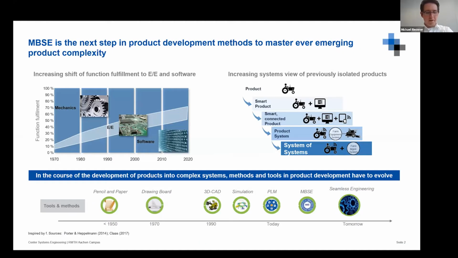As Daniel said, I'm Michael Riesener, and I have now been working for several years in innovation management, complexity management, systems engineering, and what we learned in the past years in cooperation with many different companies from different branches is that there are three steps taking place in the field of development processes. And the first one is the increasing shift of function fulfillment towards EE and software related functionalities.